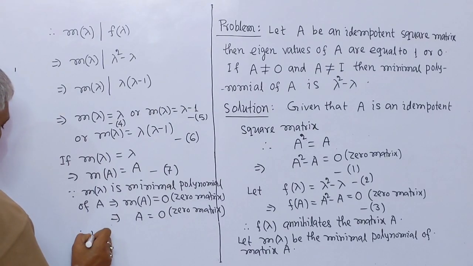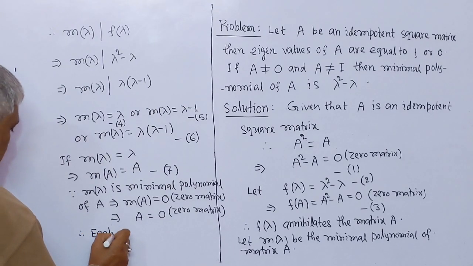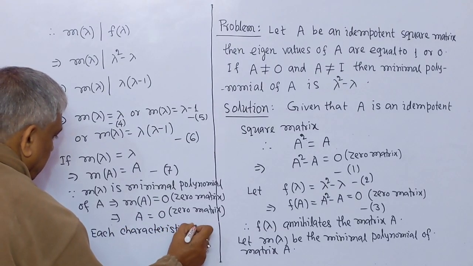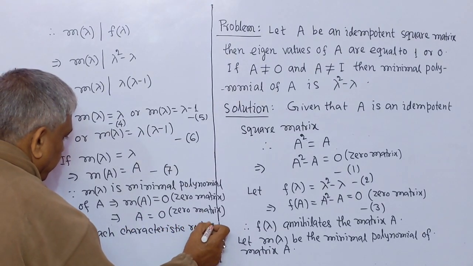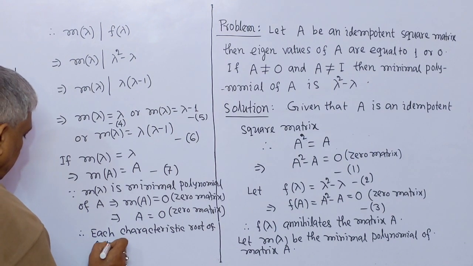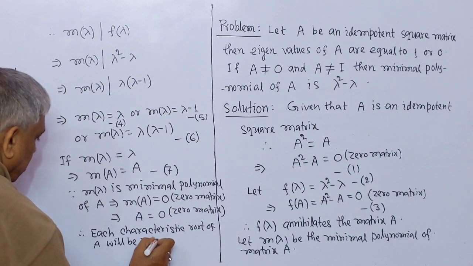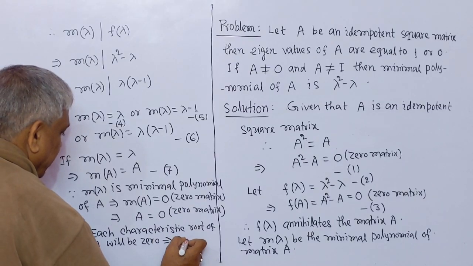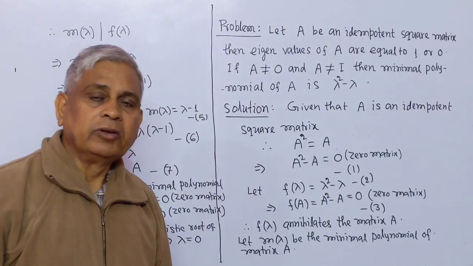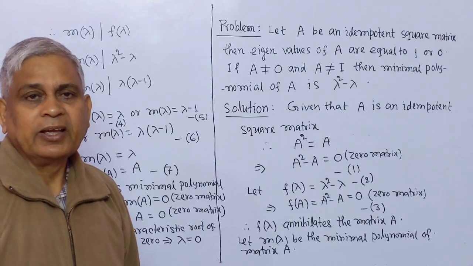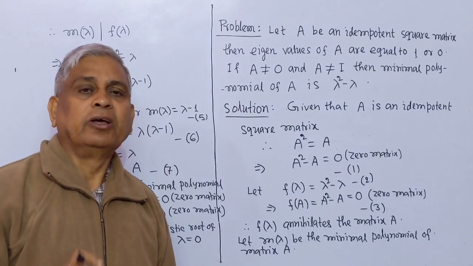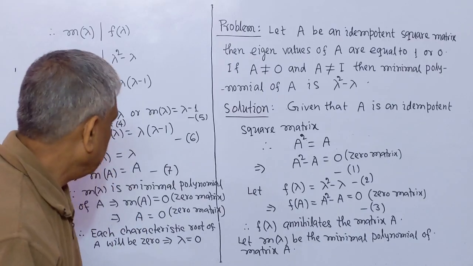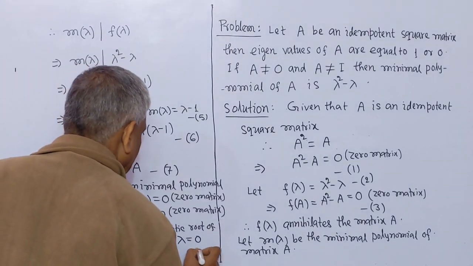Therefore, each characteristic root of A will be 0, which implies that lambda equal to 0, because we know that each characteristic root of a 0 matrix is 0. This is number 8.